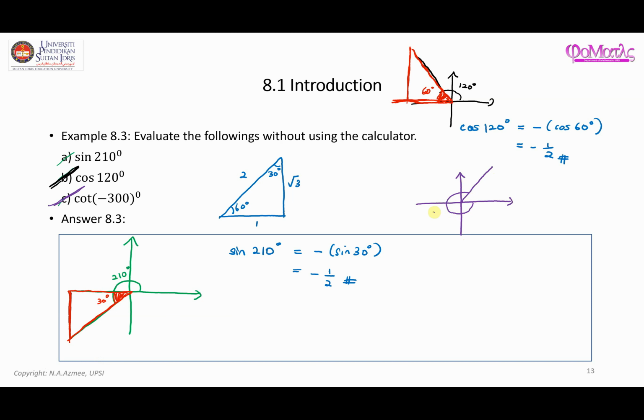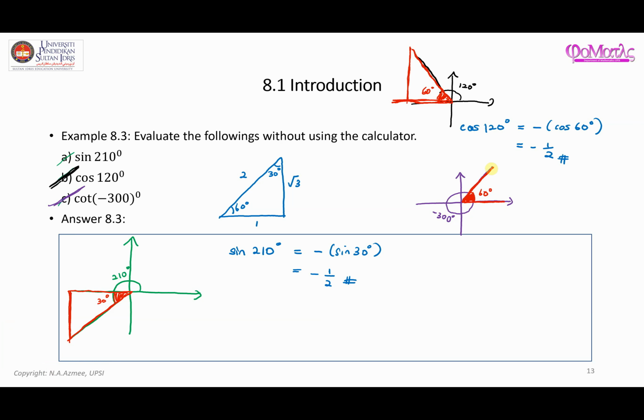So this is negative 300 degrees. Again, we know that we can work with the reference angle. My reference angle is this one, and if this is negative 300, my reference theta here will be 60 degrees.